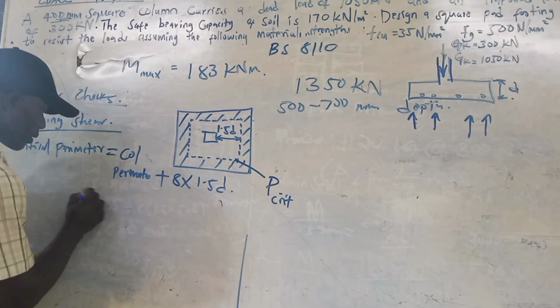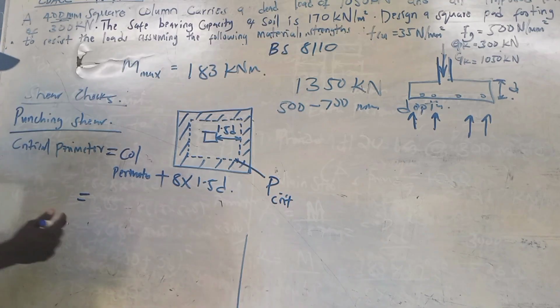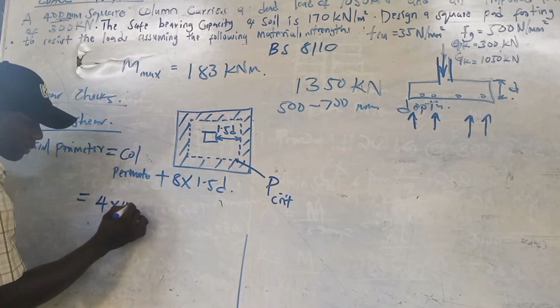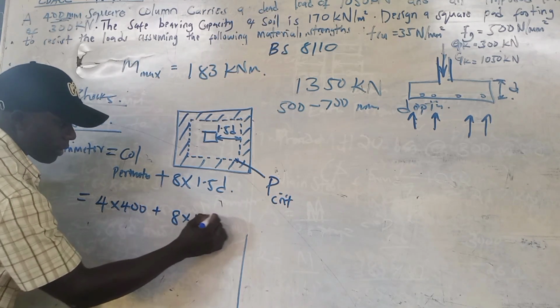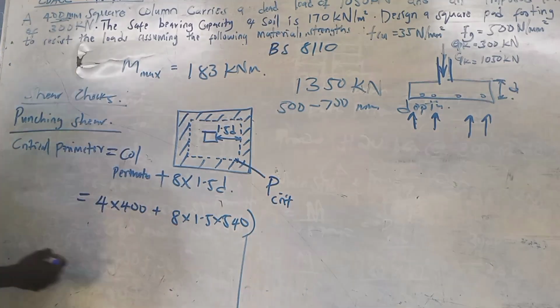So let's proceed. The column perimeter at this point is 4 by 400, okay, plus 8 by 1.5 times our effective depth, which was 540.